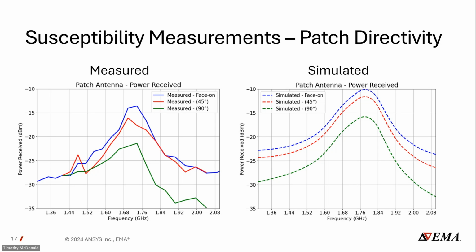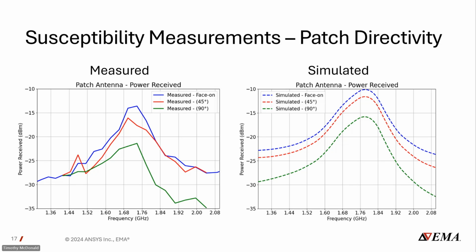The blue line shows that face on, most power received, and then changing it to a 45-degree angle of incidence, we'll see that power level drops in magnitude slightly. And then changing it to 90 degrees in the green also shows a further decrease in power. With some inherent noise in our measurements, we'll see that these curves aren't all exactly the same in our physical measurements. And again, we're working to further understand the error on this.